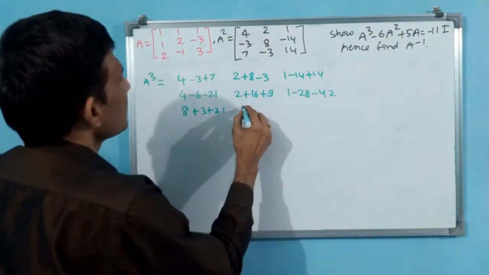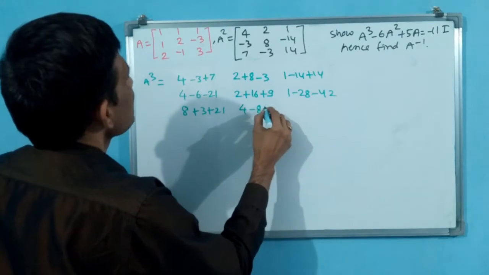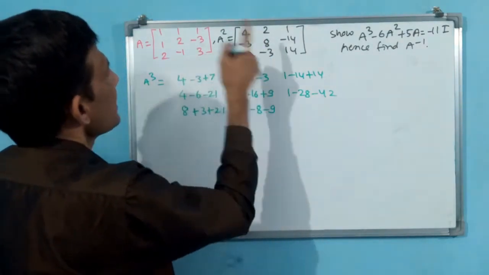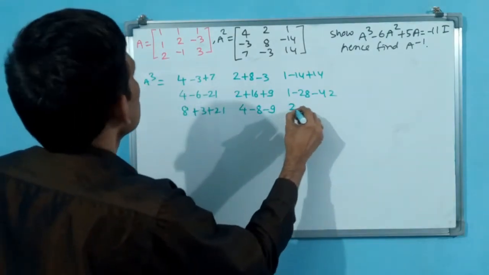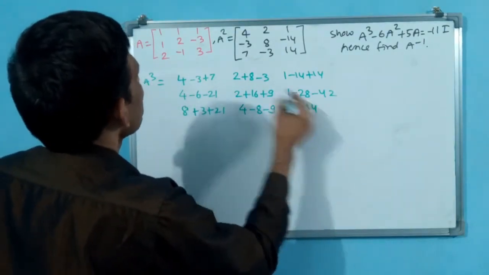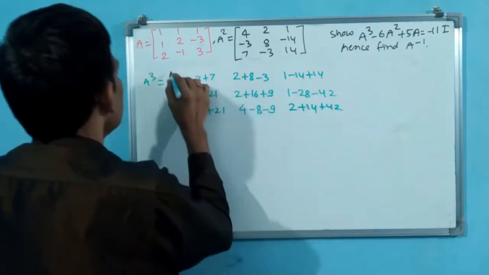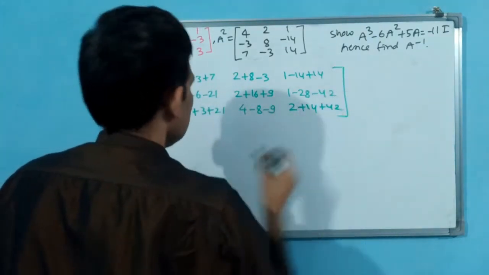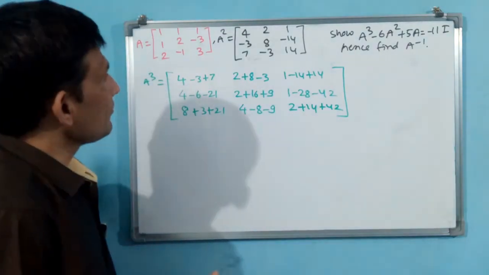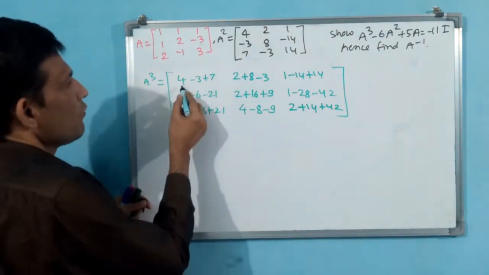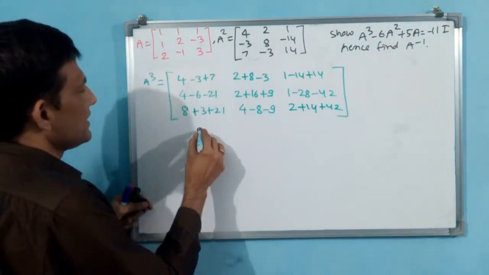Then 4 minus 8 minus 9. Then 2 plus 14 plus 42. Now you find this A cube also. 4 minus 3, 1, 1 plus 7, 8.